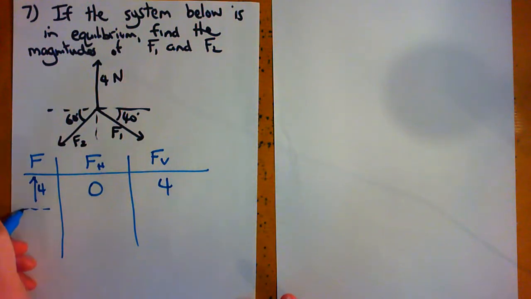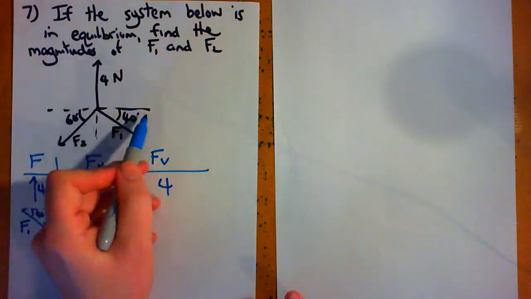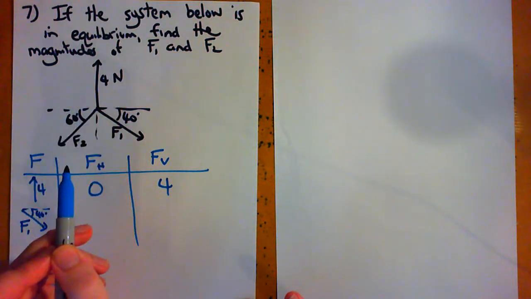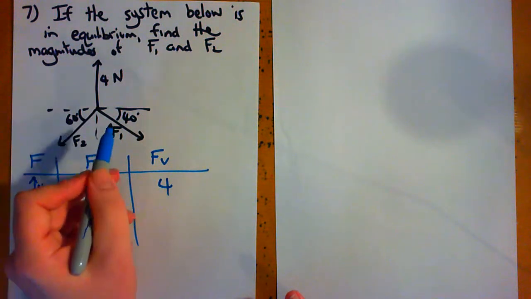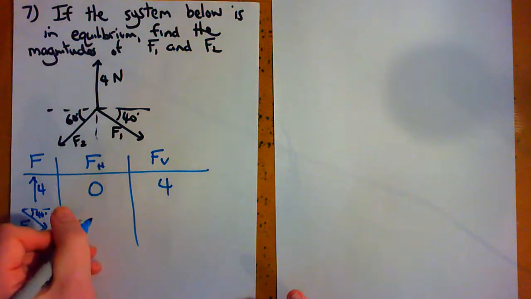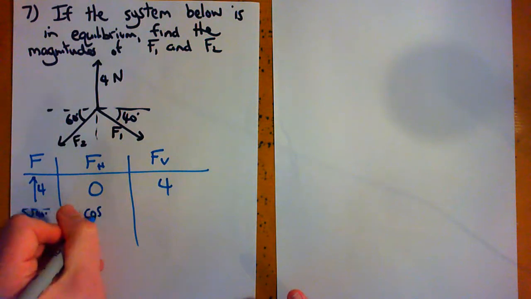Now below the horizontal on the right at a 40-degree angle we have our F1, which is one of our unknowns. The horizontal component of this force is going to be the cosine side because it's the adjacent.